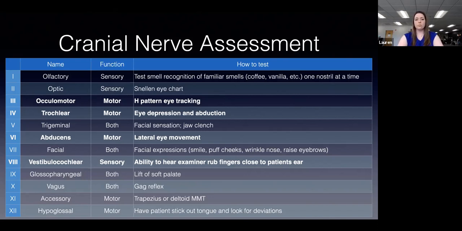To go in an easier order, the trochlear nerve innervates the superior rectus, not rectus, I am blanking. Cranial nerve 6 innervates lateral rectus, which abducts the eye.